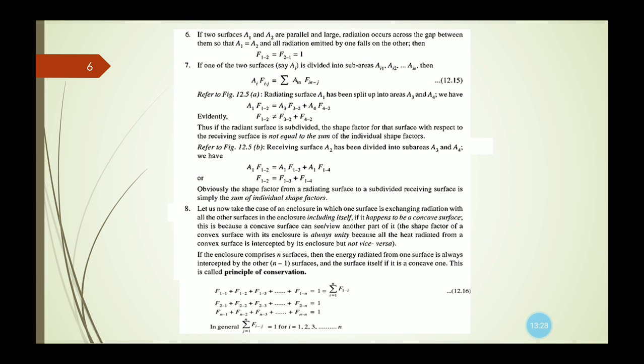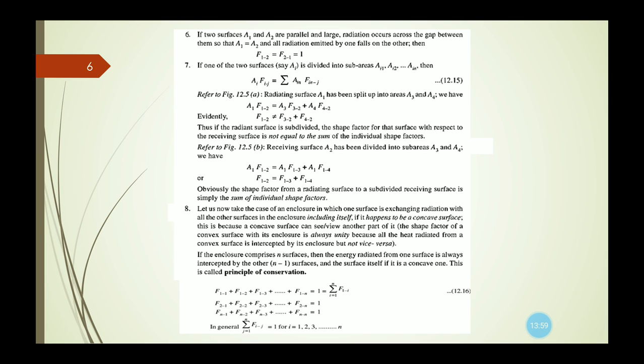Here you can see that radiating surface A1 has been split up into areas A3 and A4, so A1 equals A3 plus A4. In that case, we can write equation 12.15 as A1 F12 equals A3 F32 plus A4 F42.